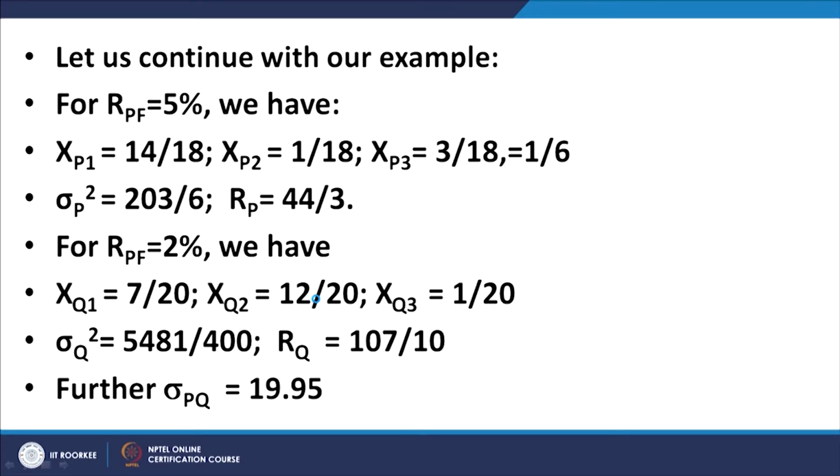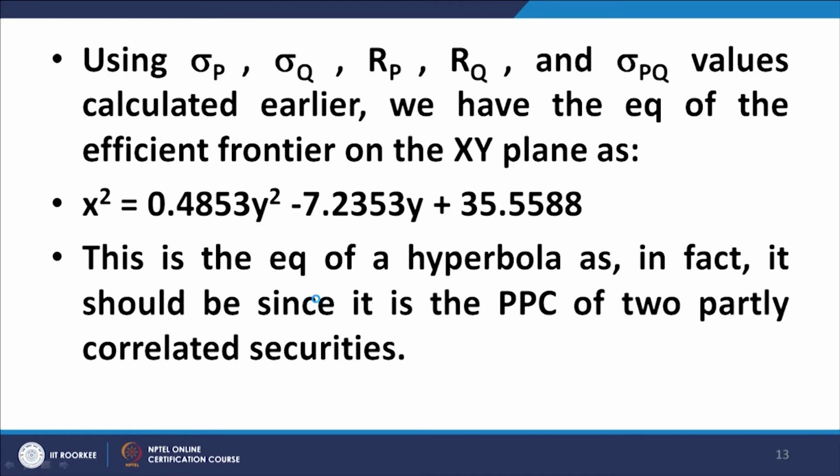Sigma q square is equal to 5481 upon 400, Rq is equal to 107 by 10. We have also found out that sigma pq is equal to 19.95. We can get the equation of this hyperbola as x square is equal to 0.4853 y square minus 7.2353 y plus 35.5588.